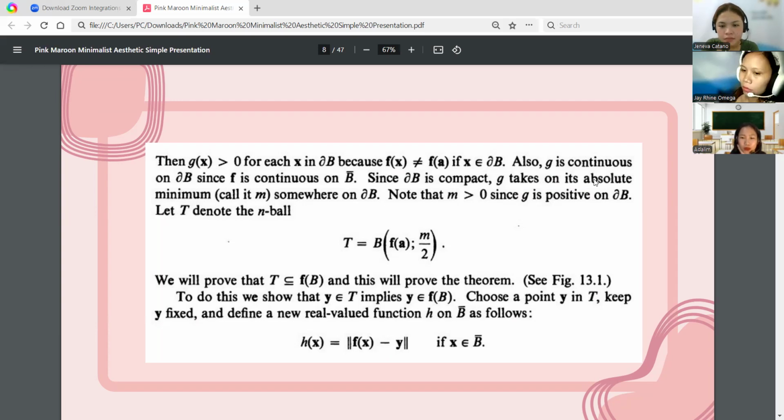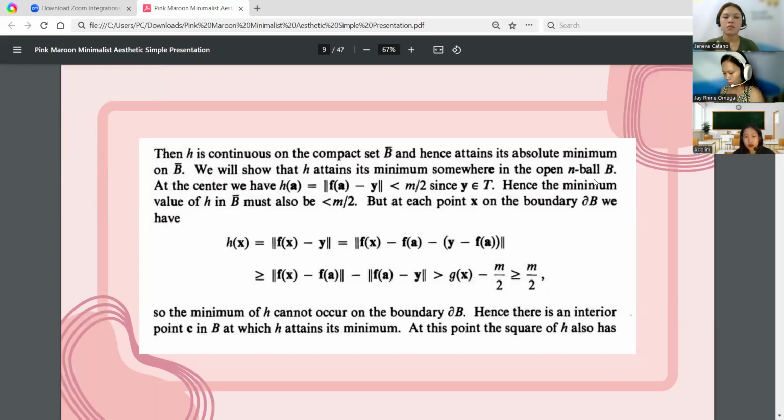So please see the figure on 13.1. To do this we show that y in T implies y in f(B). Choose a point y in T. Keep y fixed and define a new real-valued function h on B as follows. So we have that one. Next, let's proceed.